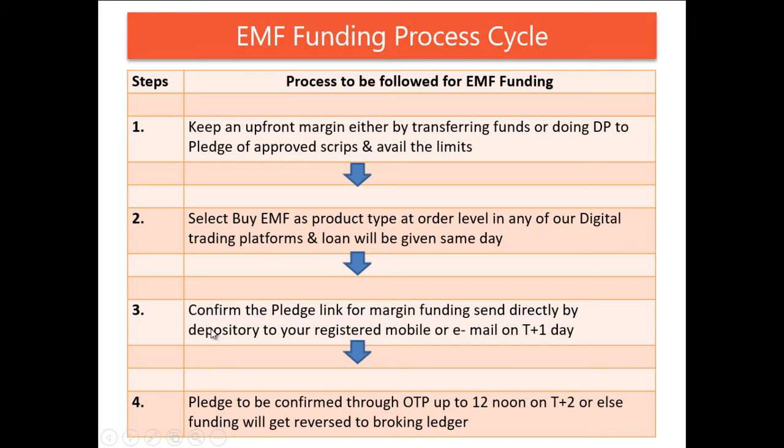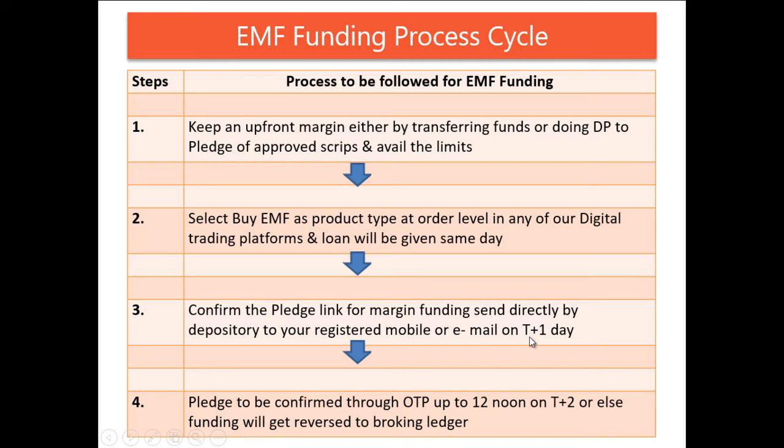Then, a pledge link for margin funding is sent directly from the depository to your registered mobile or email on T+1. Say whenever you're using EMF and placing an order, you get a confirmation to pledge that particular stock through an SMS or an email on T+1.